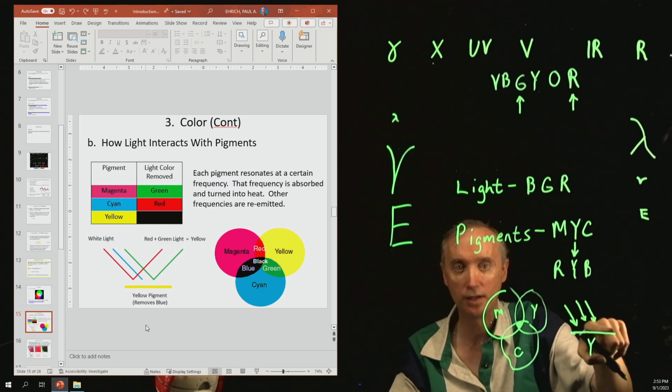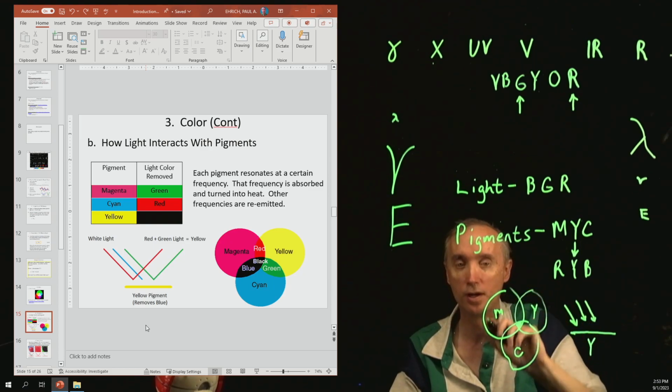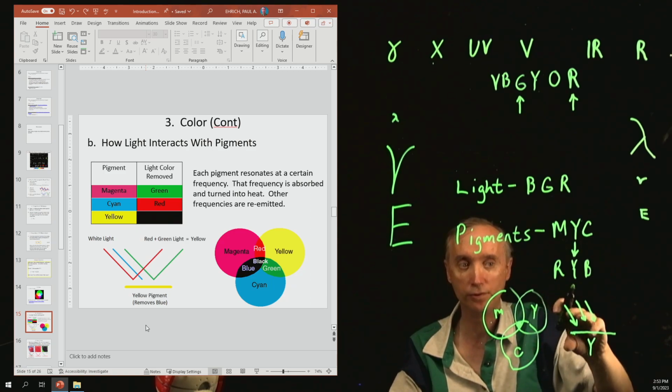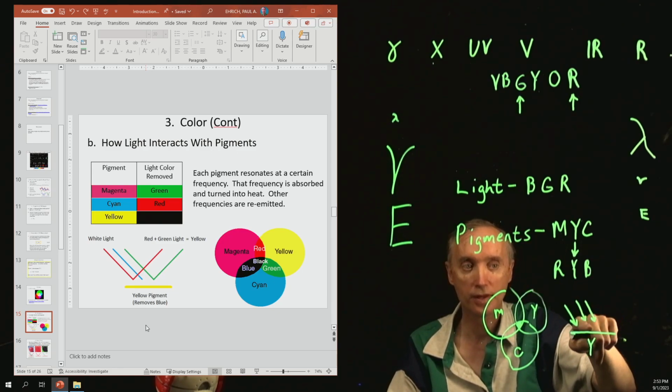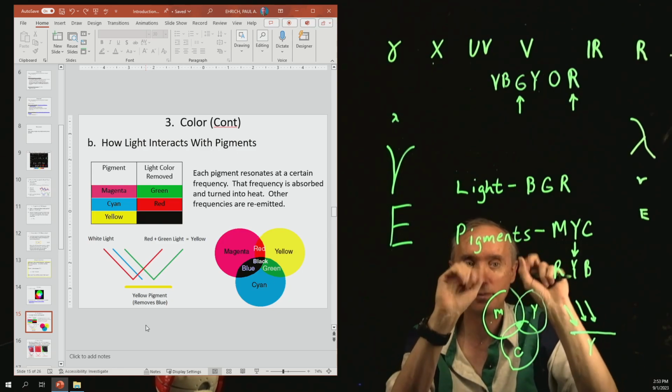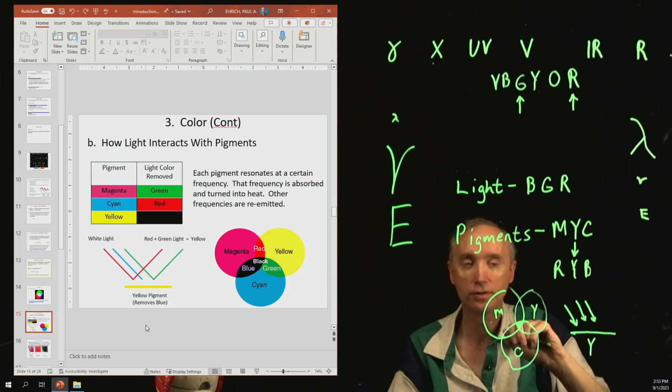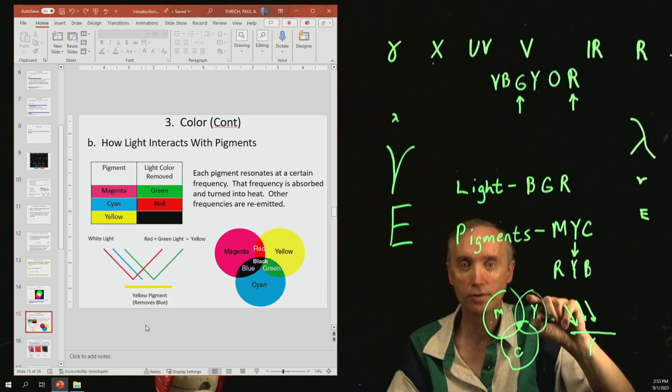The pigment yellow is going to absorb the light color blue. It's going to turn the blue into heat. It's going to make the atoms vibrate that are in here, but the atoms are going to spit back out the other colors. So what are the other colors that are being spat out?